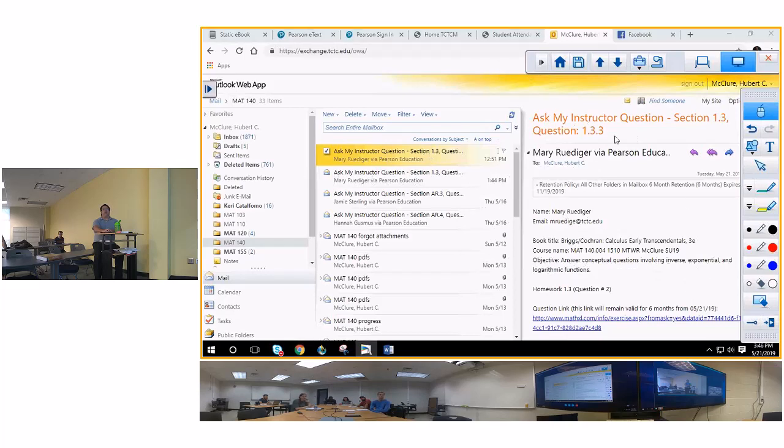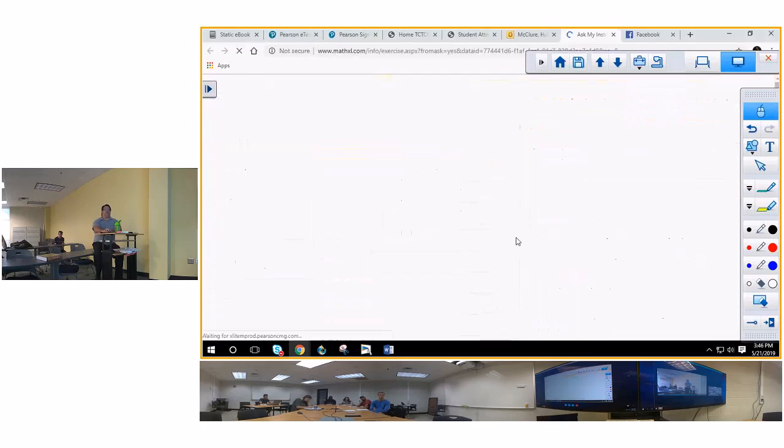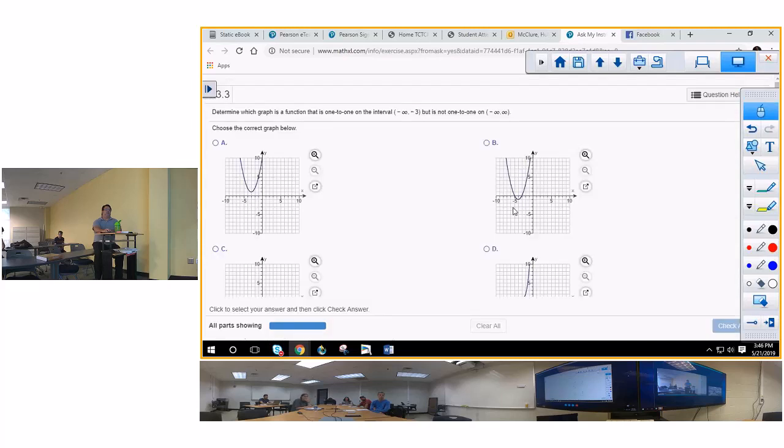1.3, number 2. Determine which graph is one-to-one. Well, the vertical line tells us it's a function. What does the horizontal line tell us? The horizontal line test tells us if it's one-to-one.